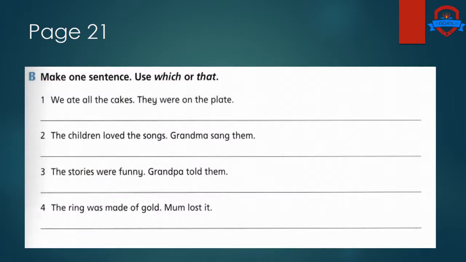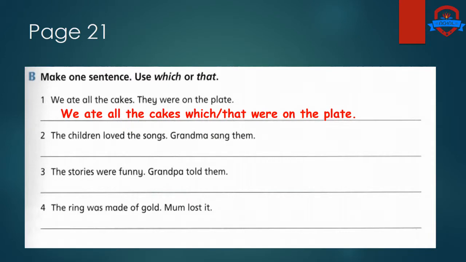The last exercise on page 21, exercise B, make one sentence, use which or that. Number 1. We ate all the cakes. They were on the plate. So, we want to connect between the two sentences. We ate all the cakes which or that were on the plate.